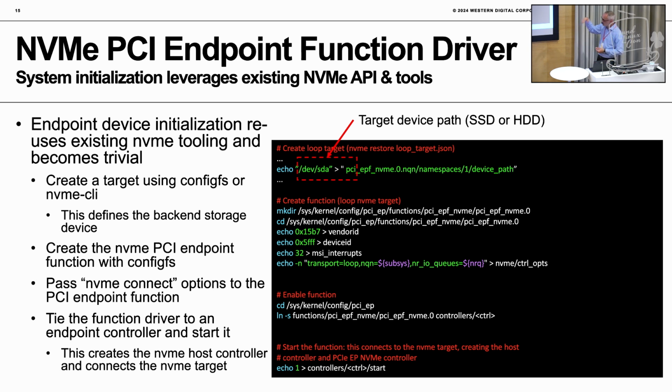Next, it's the PCI endpoint side, where you enable the function. You link it to the controller you want to use for that function. So there's generally only one on your board.